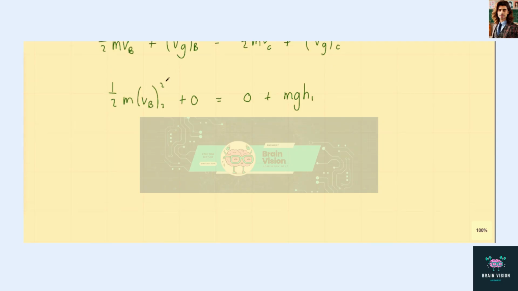So from here we can see that after the collision, VB2 is equal to the square root of 2g h1, and this velocity is upward.